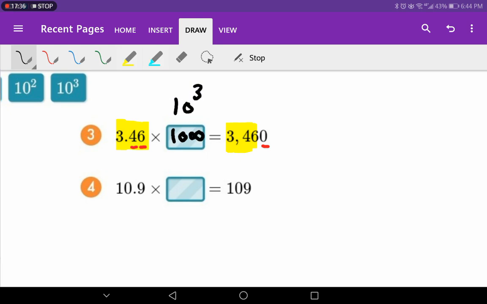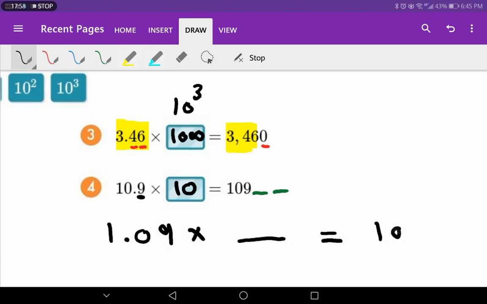Okay, my dear student? Now, how many digits after the decimal? 1. And there are no zeros. So, multiply by 10. Teacher, if it is like this, you count here two places moved.